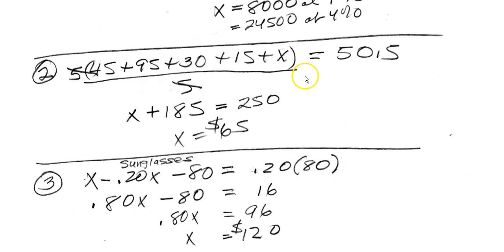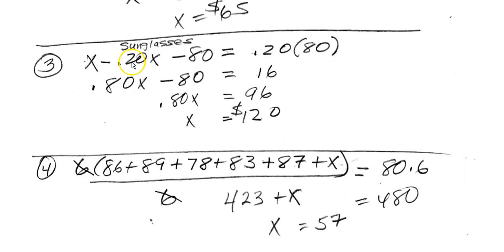So the 5's would cancel out, and that's 50 times 5, which was 250. Added these up, got 185, x plus 185, subtracted 185 from both sides, and I got x is 65. In this case, it's dollars. Again, the details of the problem are in a separate file.